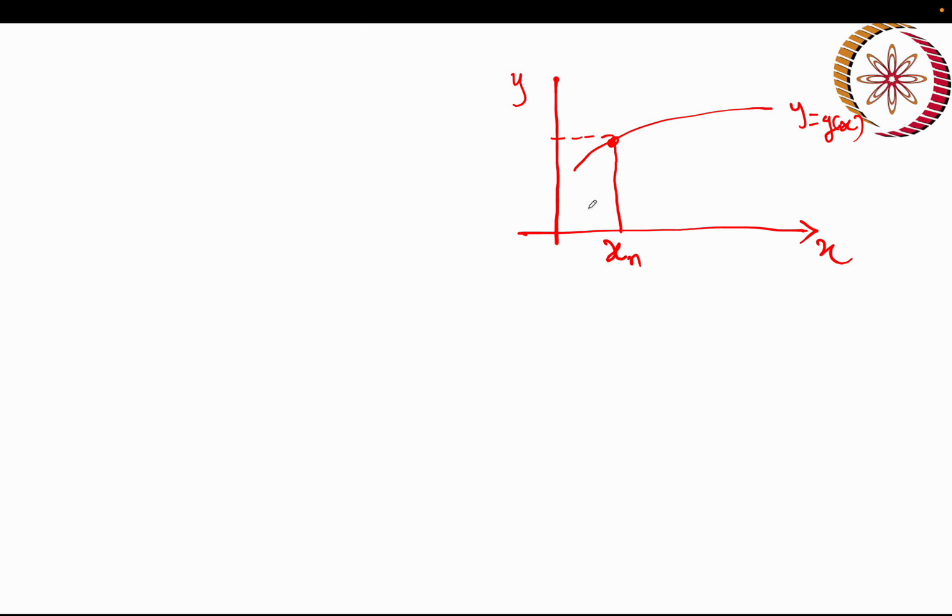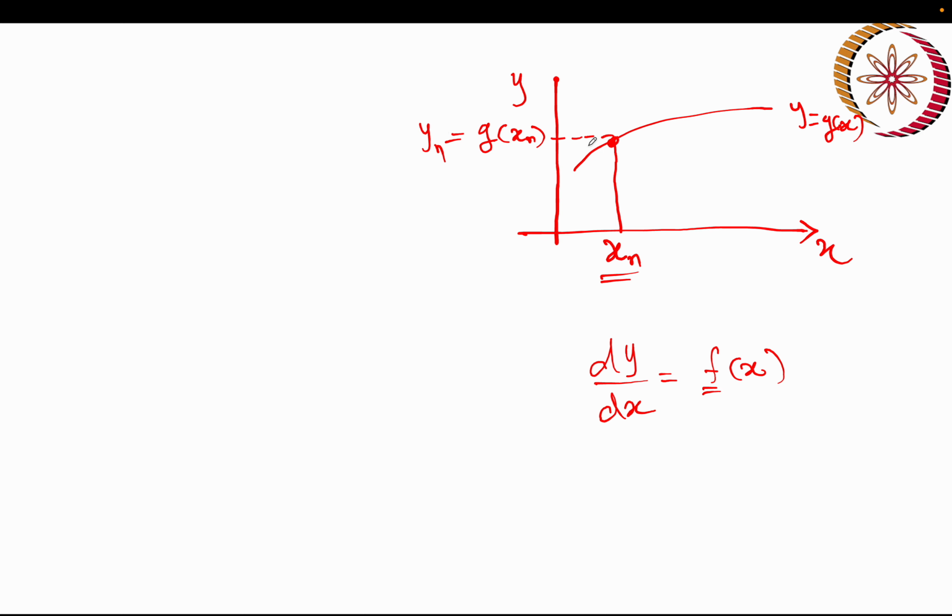What is given is dy by dx equal to f of x, which gives the slope of this curve at a particular x location. So at xn, the function value is g of xn, which we'll call yn.